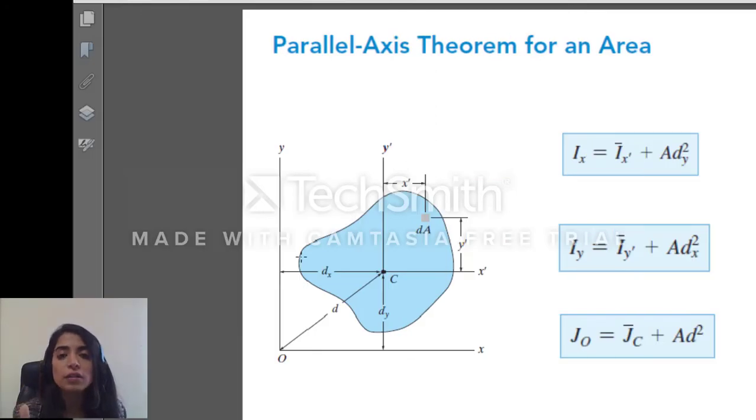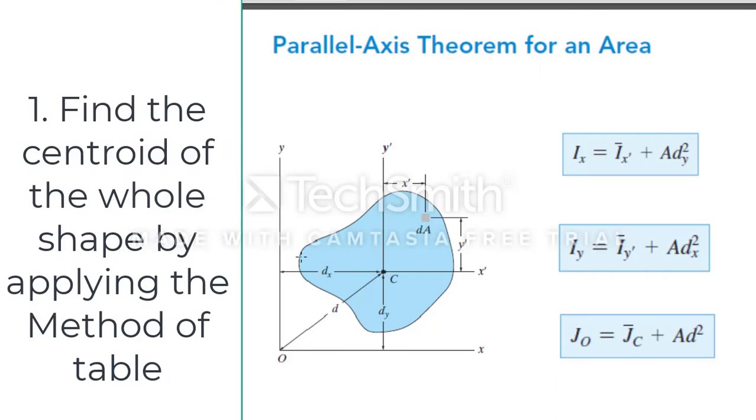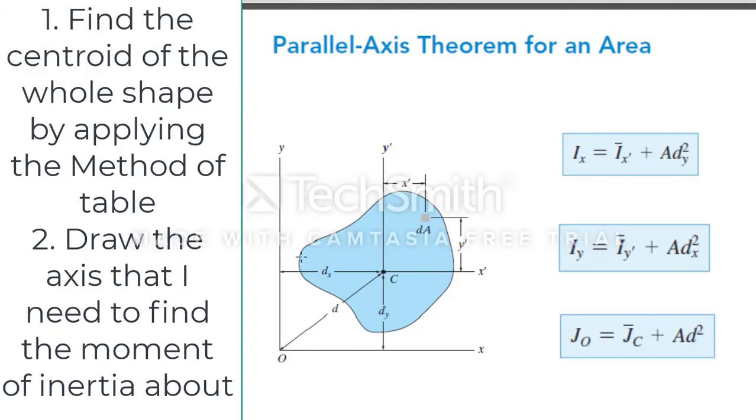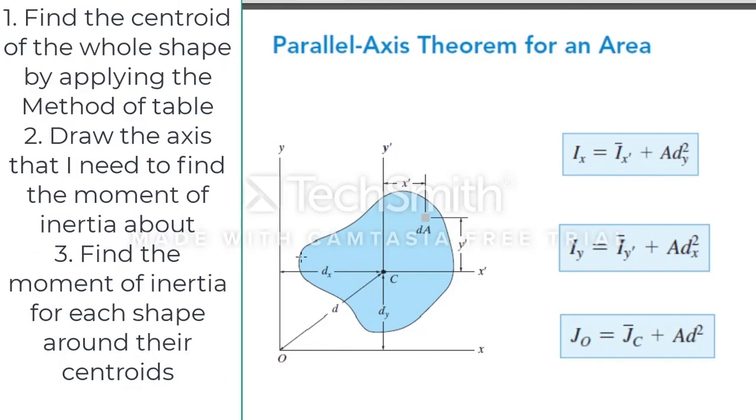Of course, guys, first I should find the centroid of the whole shape, and this is basically by applying the method of areas that I have explained in the first video of this chapter. So first, find the centroid. Second, draw the axis X or Y that I need to find the moment of inertia about. Third, find the moment of inertia for each regular shape around their centroid.